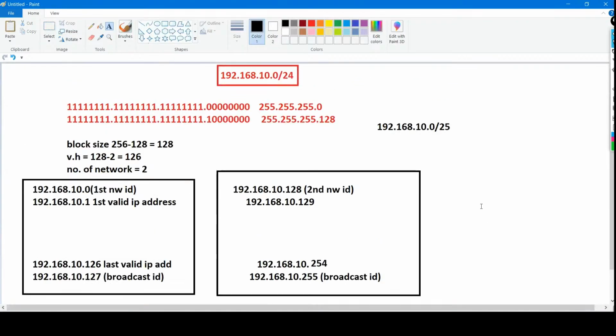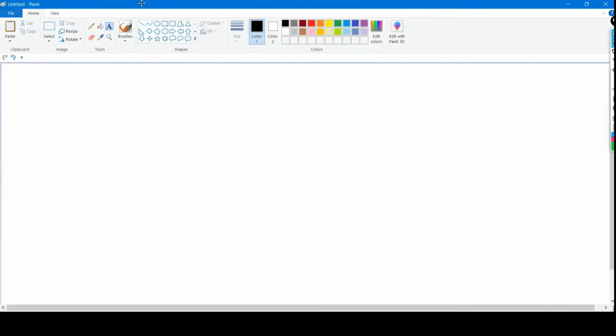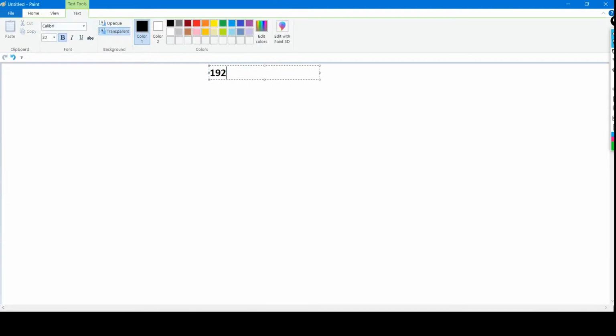Okay, can I move on? Now I am going to divide the same network into 4 parts this time: 192.168.10.0/26.